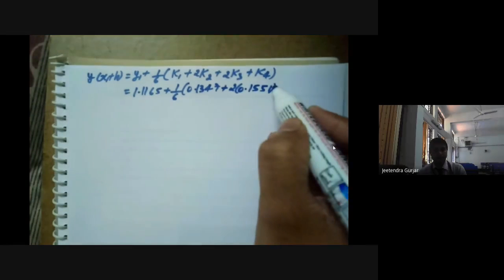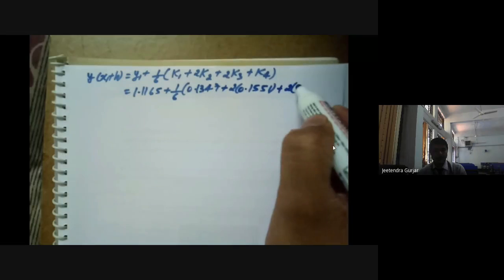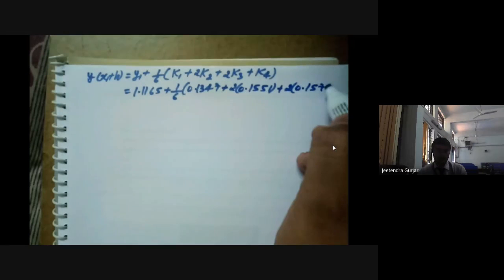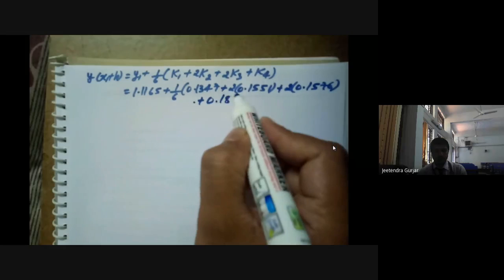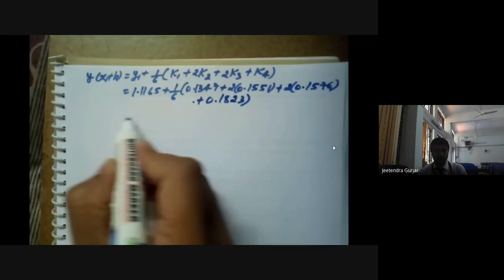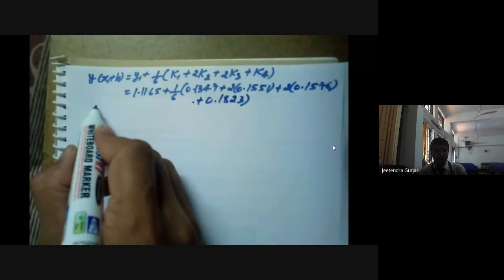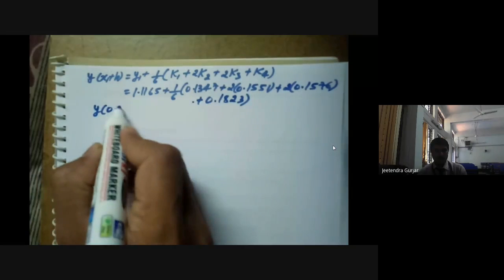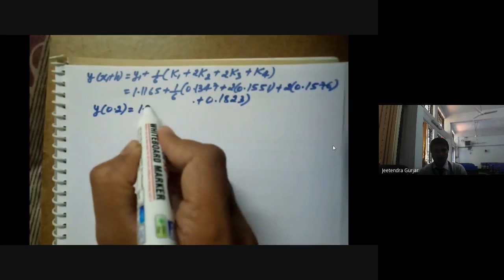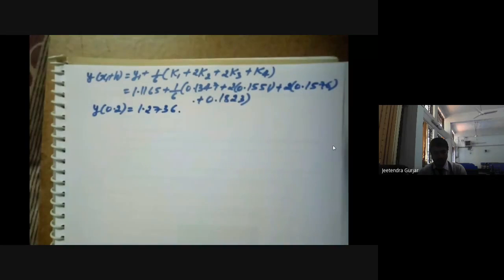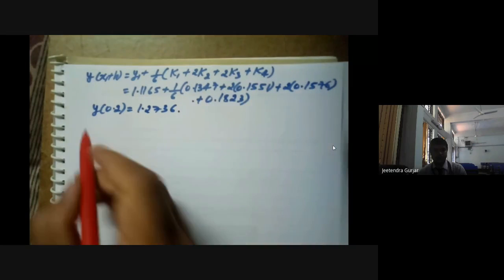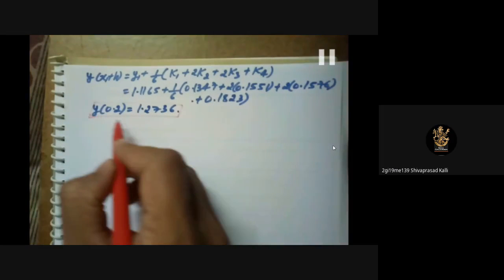Students, substitute the values. All the values when you substitute, we get y of 0.2, which is equal to 1.2736. So we get the answer. It is y of 0.2 is equal to 1.2736, students. So this is how it is very simple. Yes, sir. K4 we are getting 0.177.